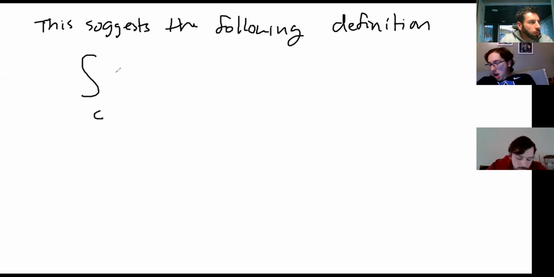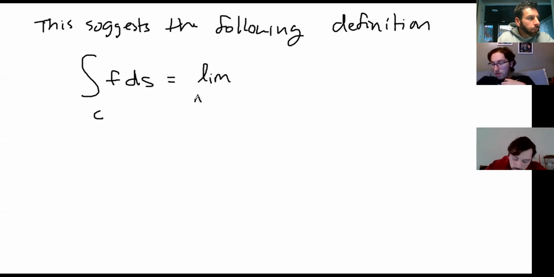The integral over a curve of some function. Now we're going to write ds here. Why would we not write dx? Well, dx makes no sense to us here. What are we integrating over? We're integrating over a curve. So we're going to use s because we don't want to write x. That would be misleading. And how would we define this? Well, we're going to define it with this crazy limit.